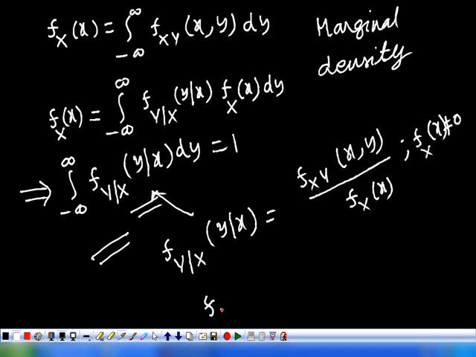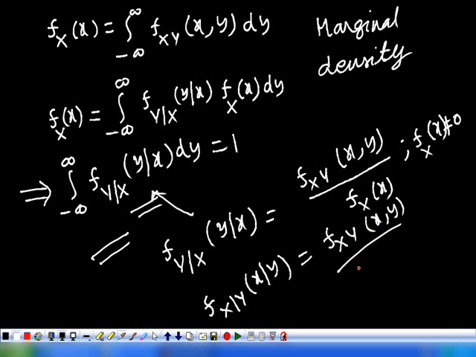Similarly, this fxy of x comma y is equivalent to, here I am changing the role of x and y, then you will get fx given y, x given y, and this is fy of y, given this fy of y is not equivalent to 0. So these relations are important.